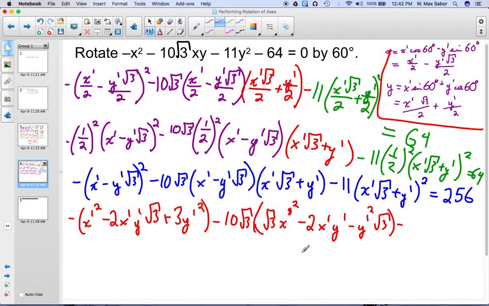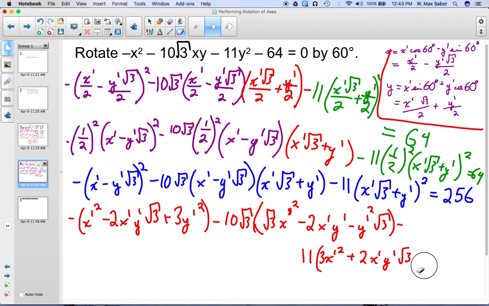Minus, we need more space, 11 times 3 x prime squared plus 2 x prime y prime square root of 3 plus y prime squared equals 256.